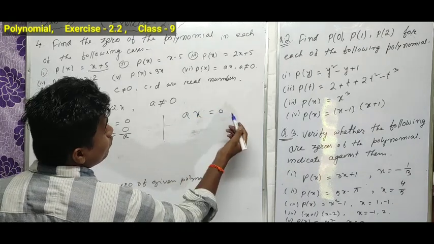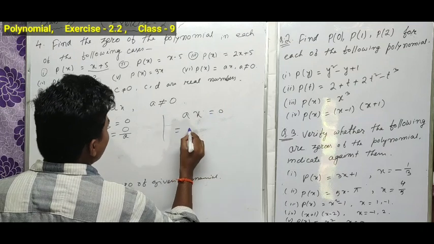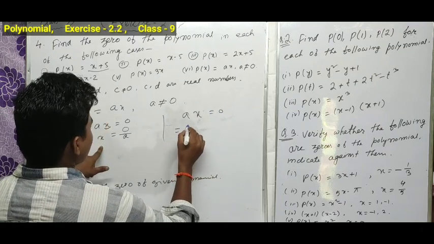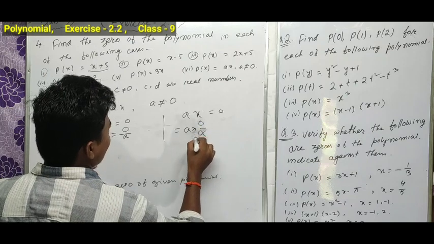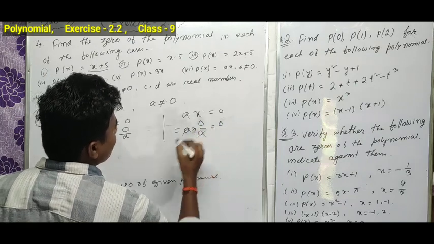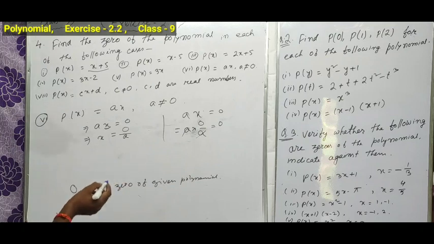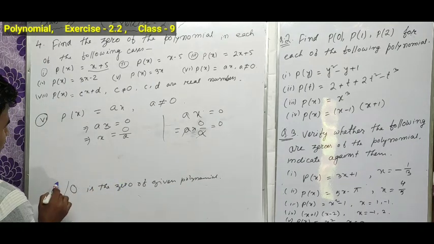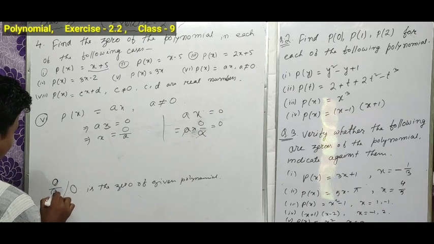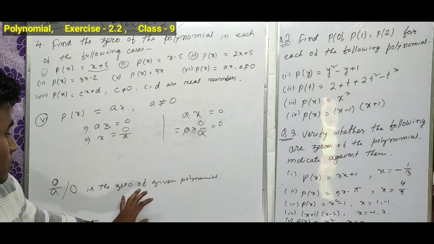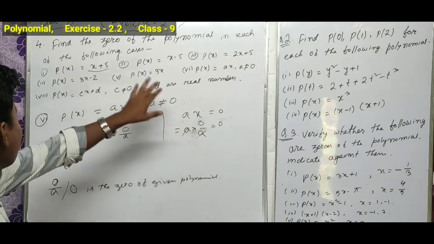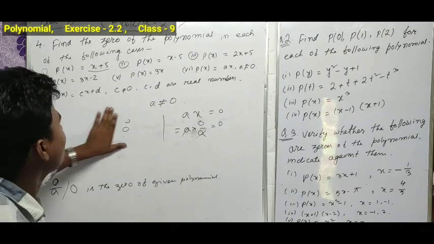How do we find this zero? If in the x place we put 0 by a, then what will come? 0. So 0 by a is the zero of the given polynomial.